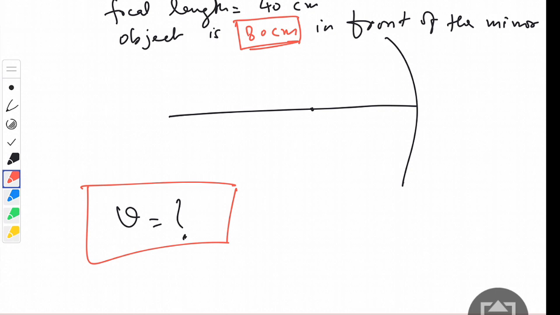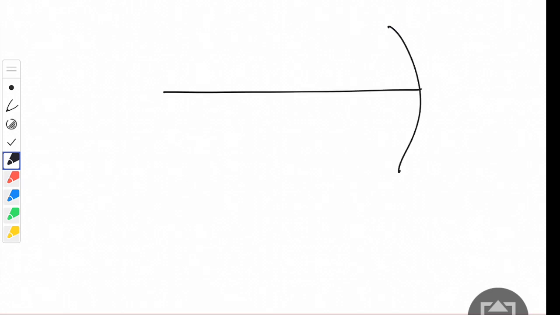Okay. I am now going to ask you another question. This time, you are given, let's say, this is the focus, this is the center of curvature.